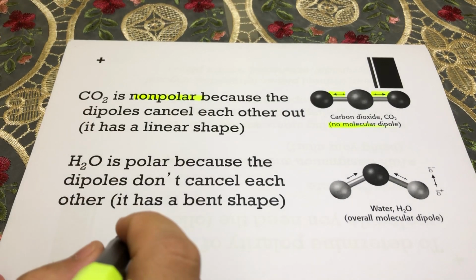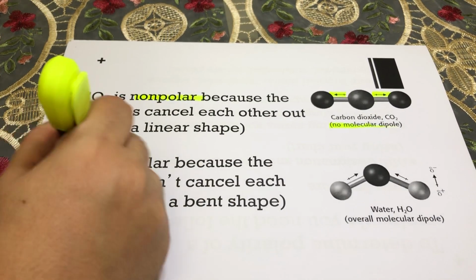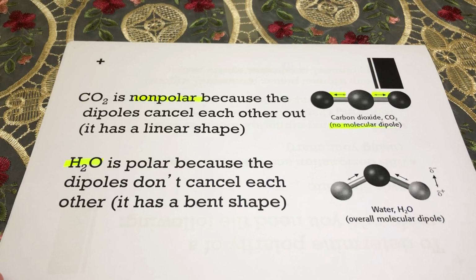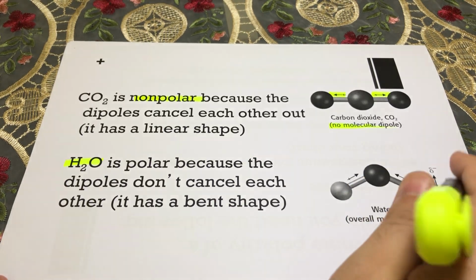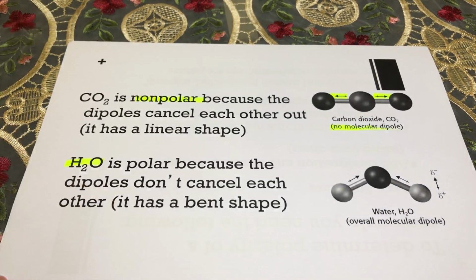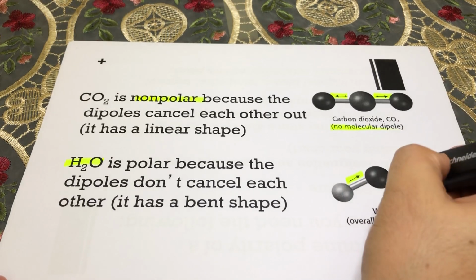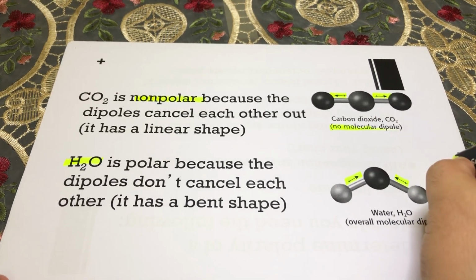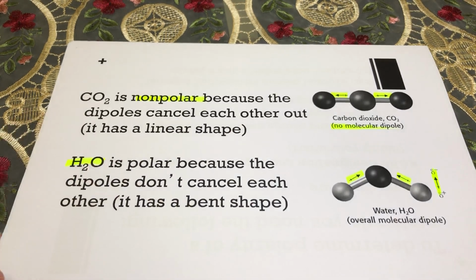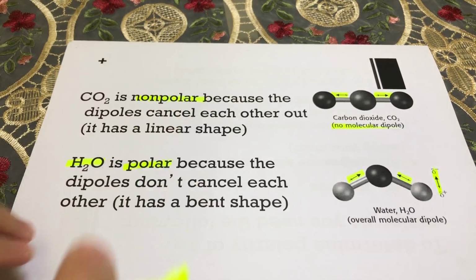But H2O is polar because the shape is bent, not linear like that, and oxygen is more electronegative than hydrogen, so the net dipole is in the oxygen direction, and the molecule is polar.